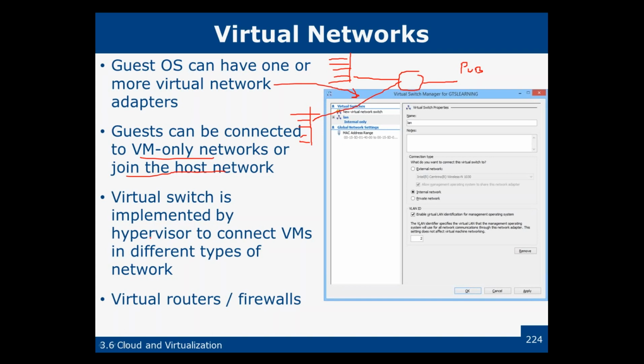A virtual router, again, you can use a Windows server machine, or you can use a Linux machine, any kind of machine with 2 NICs. Linux has a number of firewalls that will run on it. You can use them, or you can use the firewall on the individual Windows machines in order to protect them.